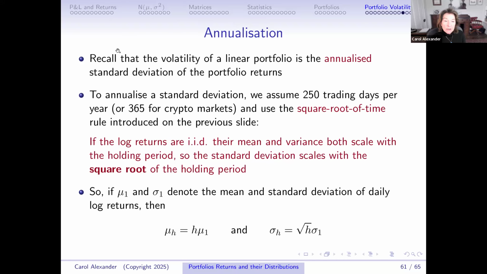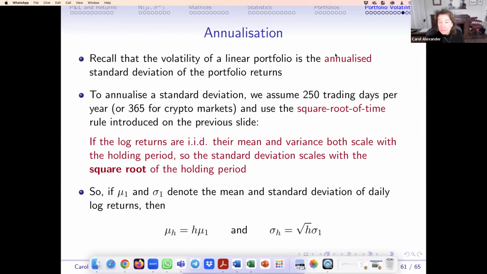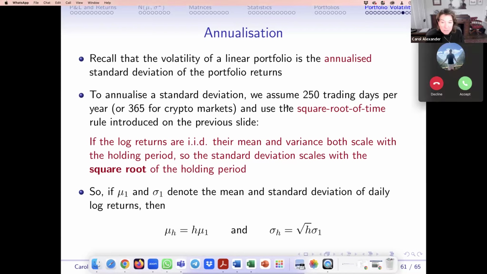So when we want to annualize the volatility of a portfolio from daily or weekly or monthly or whatever it is into the volatility of the portfolio, then we need to use this square root of time rule.